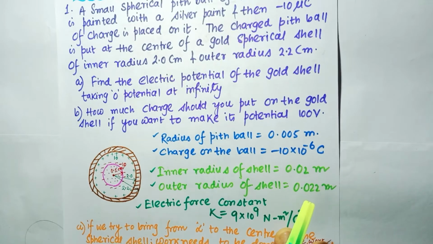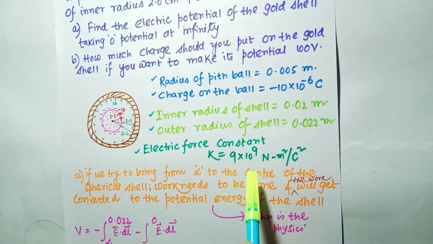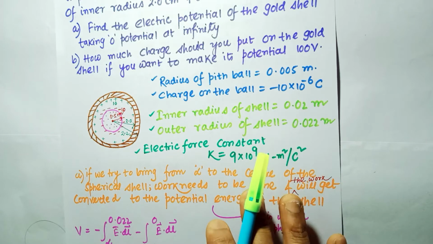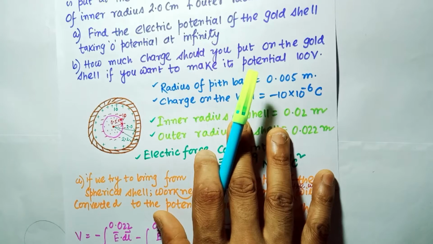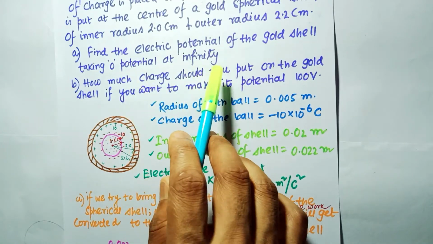As we all know, the electric force constant is k equal to 1 by 4 pi epsilon naught, equal to 9 times 10 to the 9 newton meter square per coulomb square. For question number 1, find the electric potential of the gold shell taking the zero potential at infinite distance.